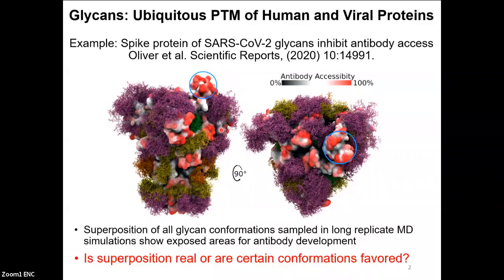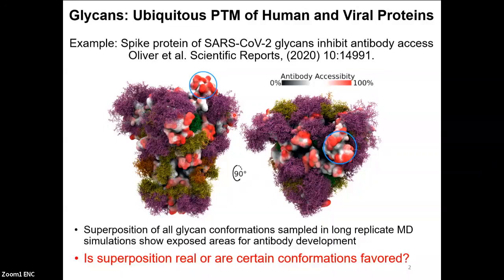Now, this picture is maybe a little bit deceiving because it's not a picture of just a single glycan on all the sites. It's actually a superposition of snapshots from a long molecular dynamics trajectory, superimposing glycan positions from every nanosecond.